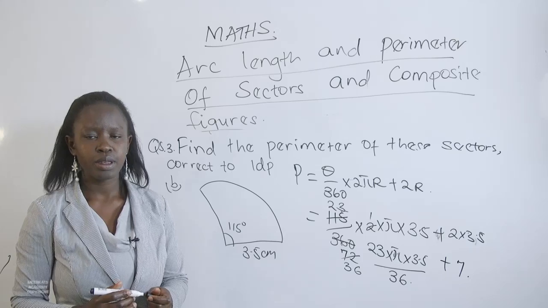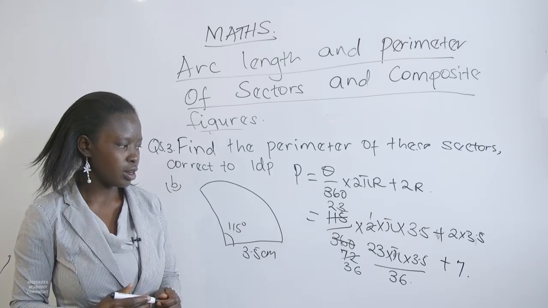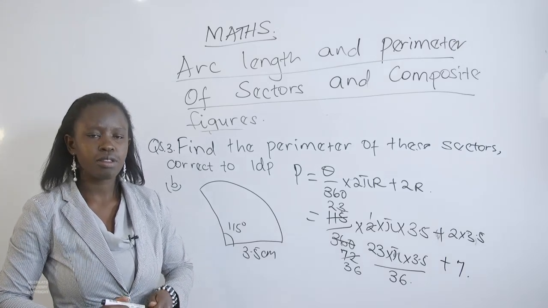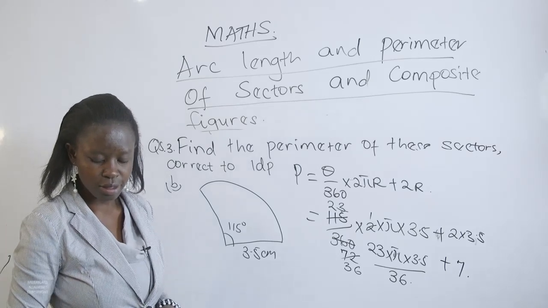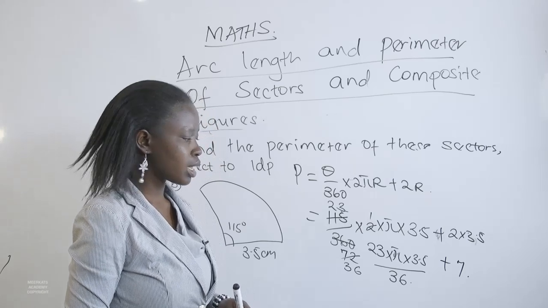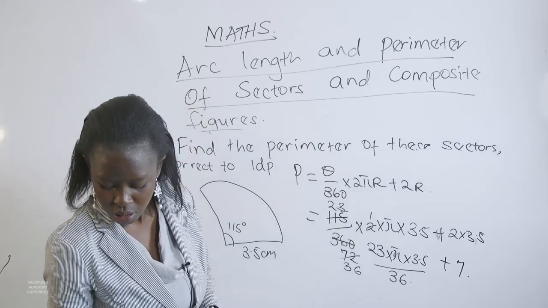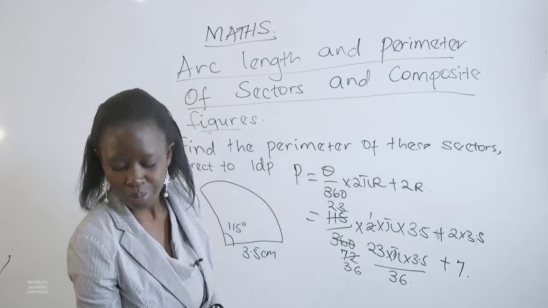Times pi times 3.5 divided by 36. So when we simplify that and add 7 from our calculators, what do we obtain?